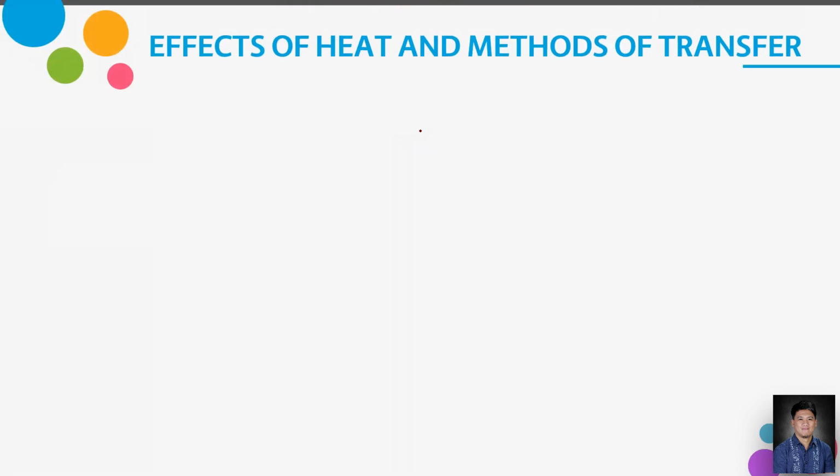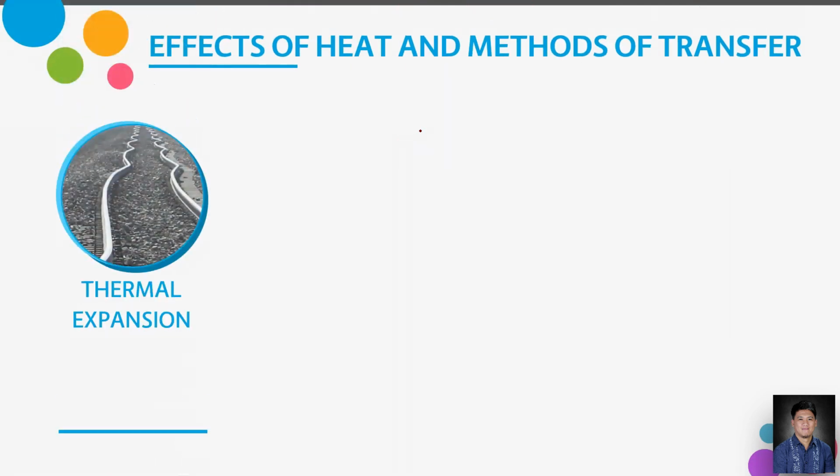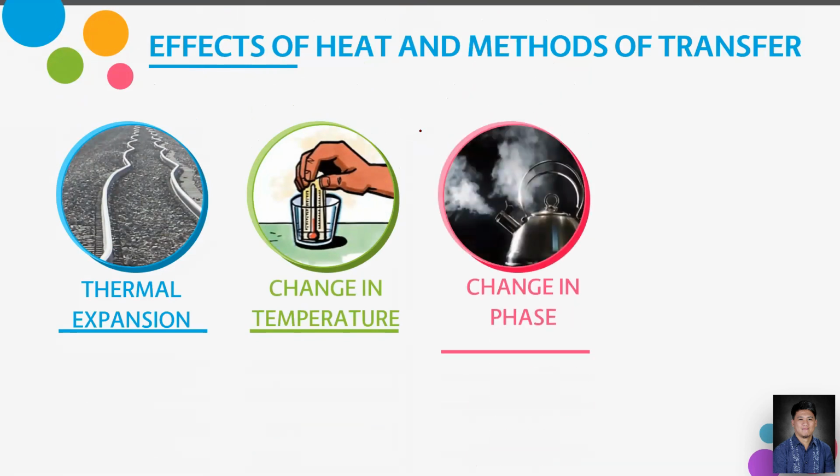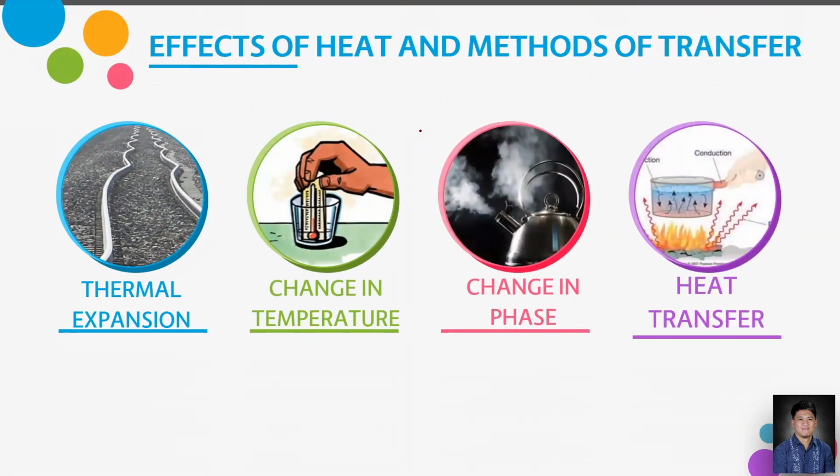Then let's proceed with the effects of heat and the methods of heat transfer. There are some effects of heat: one of it is the thermal expansion, the change in temperature, and the change in phase.